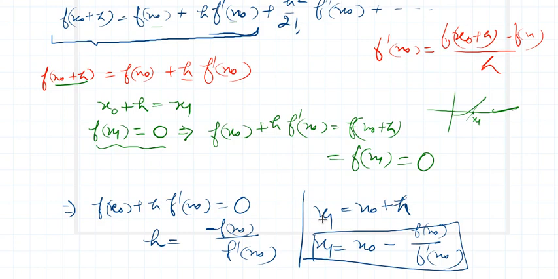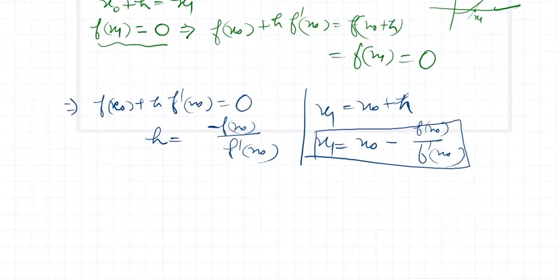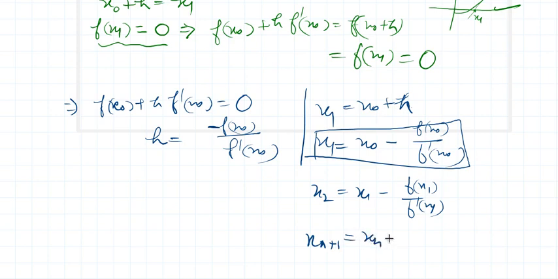So if I generalize it and so on, I can write down x2 is equal to x1 minus f of x1 over f prime x1 and so on, and xn plus 1 क्या आ जाएगा, जो भी हम निकालना चाहें. xn plus 1 का मतलब है यहाँ पे xn आ जाएगा माइनस f of xn over f prime xn.